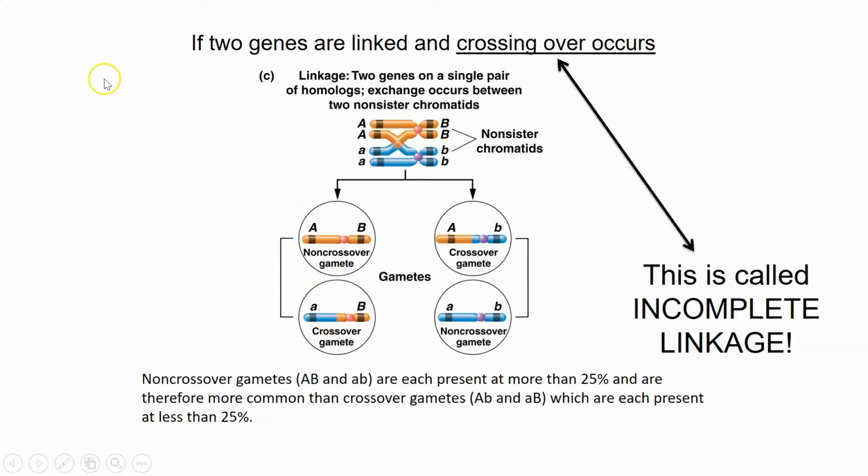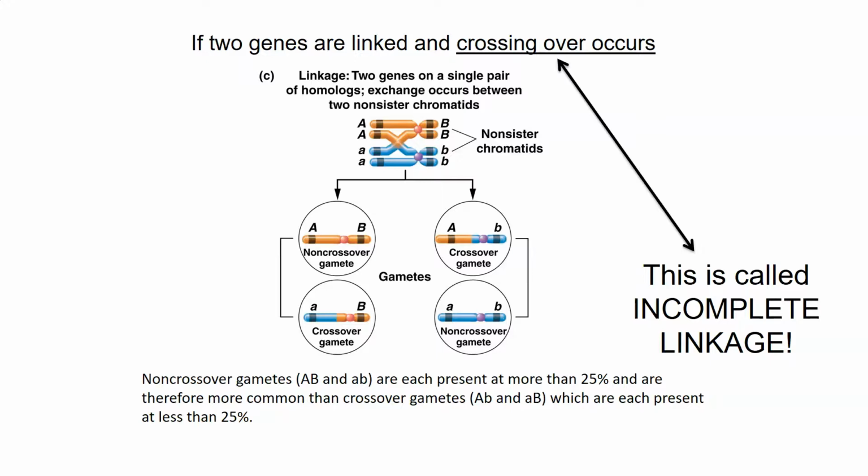Okay? So if two genes are linked and crossing over occurs, you will get 4 different types of gametes producing 4 different phenotypes in a dihybrid test cross. However, the non-crossover types, the non-recombinants, are going to be more frequent than the crossover types, the recombinants.